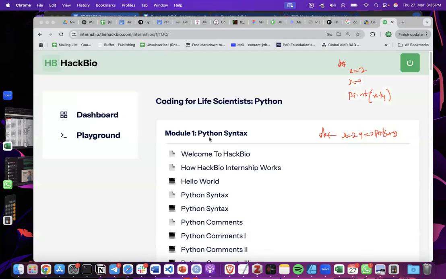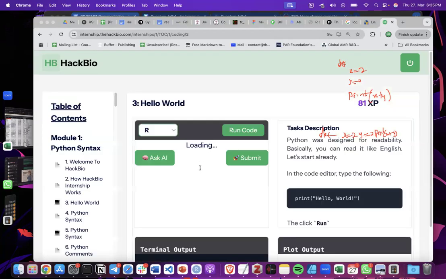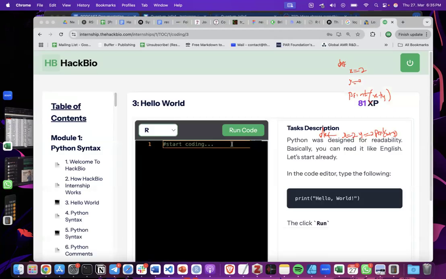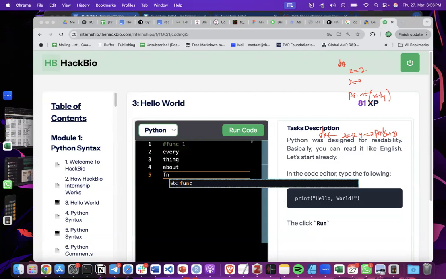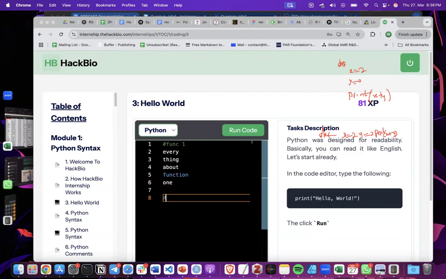I think his question is that since we have four different functions to do, would everything be in one code? What I believe you should do is make a comment and do it like function 1, function 2, copy it and submit. Okay, let's say this is function 1, everything about function 1.